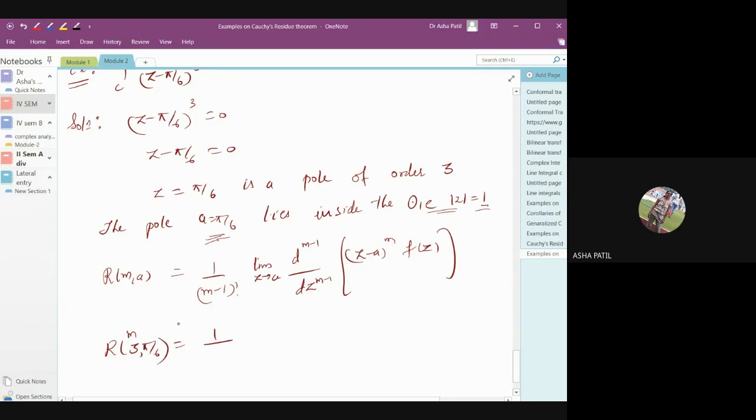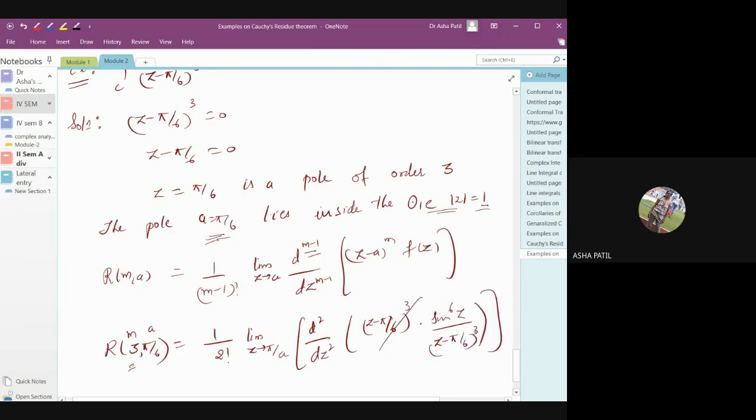So m is 3, a is pi by 6. 3 minus 1, that is 2 factorial. Limit as z tends to a, pi by 6. m minus 1, m is 3, 3 minus 1 means it is second order derivative of the function z minus pi by 6 whole cube into the function. What's your function? Sin raised to 6z divided by z minus pi by 6 whole cube. So this term gets cancelled.